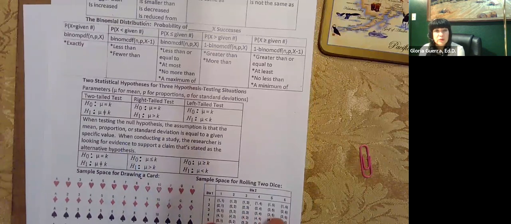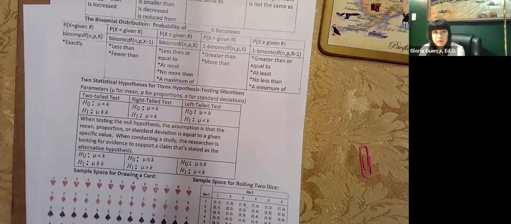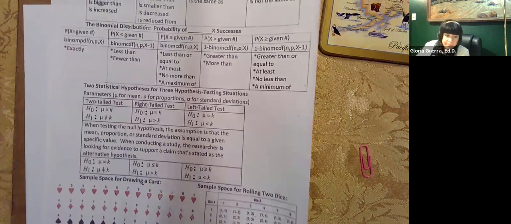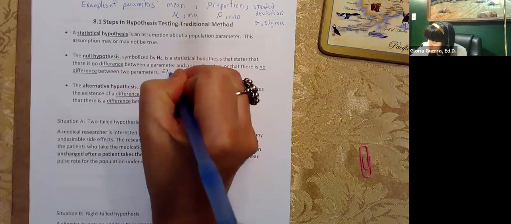When conducting a study, the researcher is looking for evidence to support a claim that's stated as the alternative hypothesis, okay? And then examples of null hypothesis.